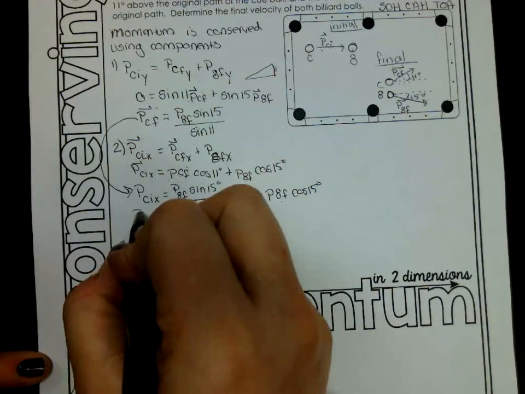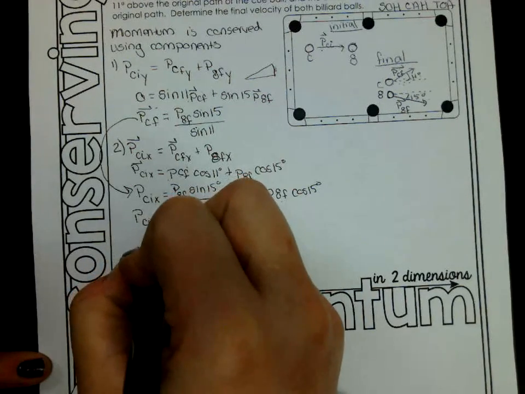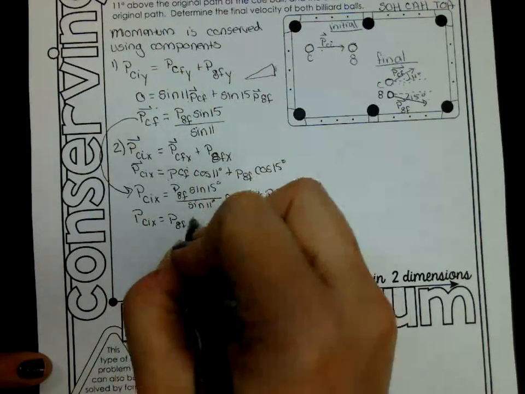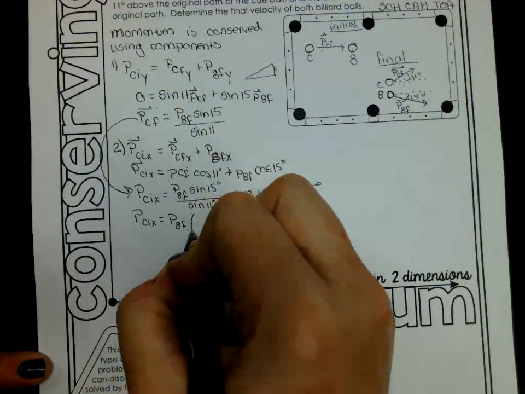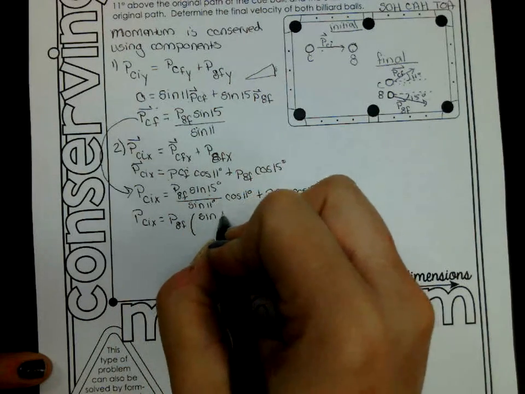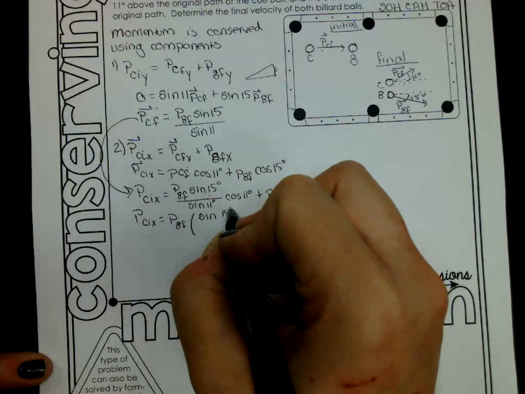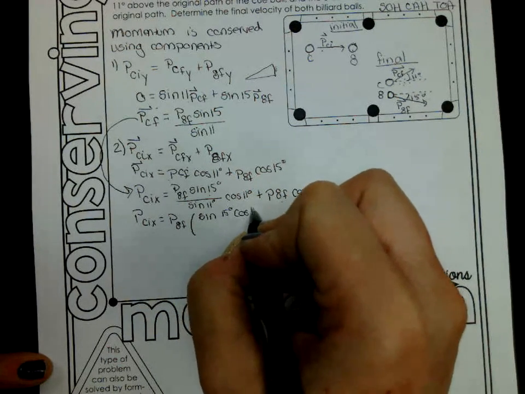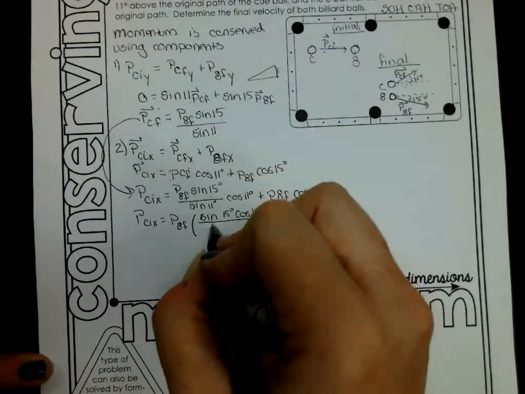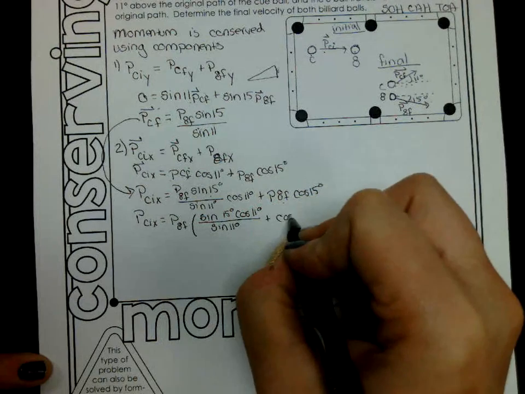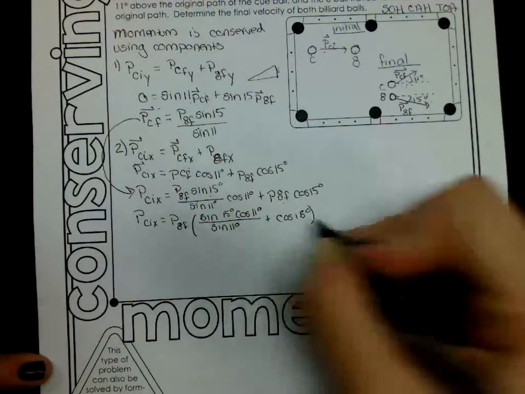So momentum of the cue ball initial x is equal to the momentum of the 8 ball final times the sine of 15 cosine 11 over sine 11 plus the cosine of 15 degrees.